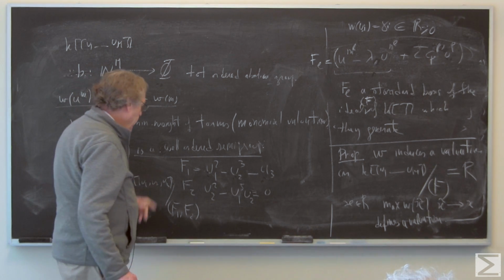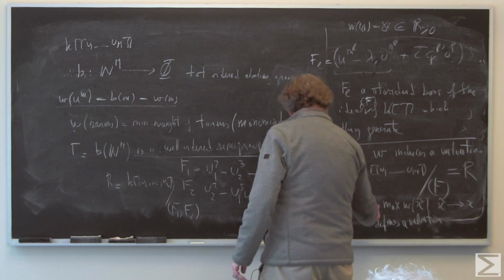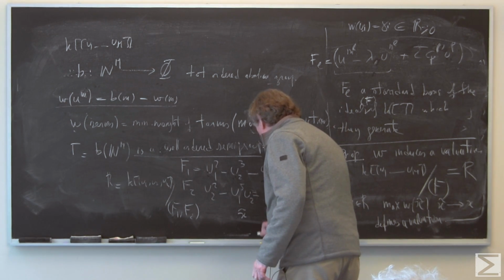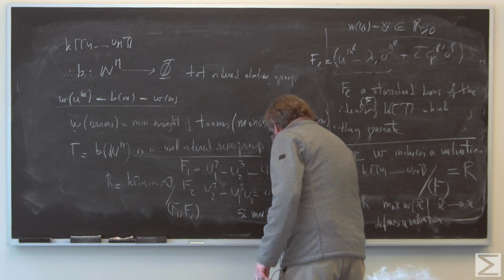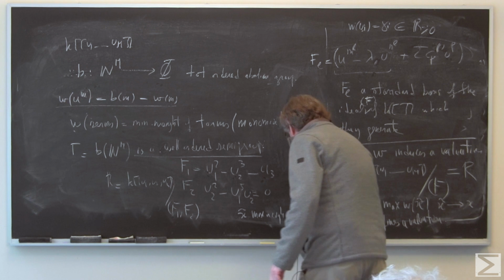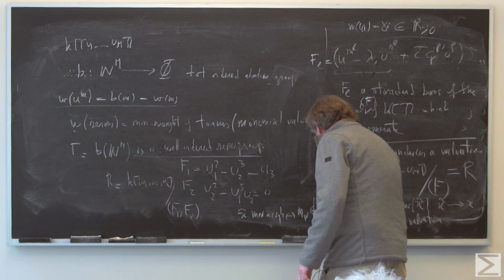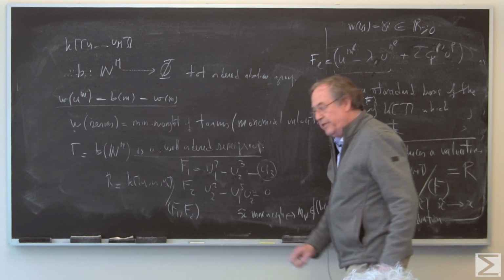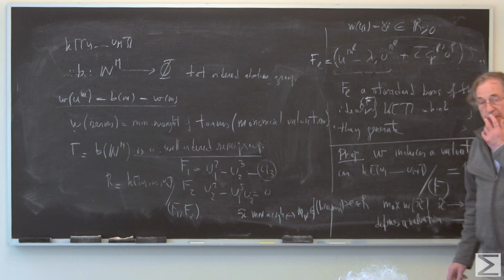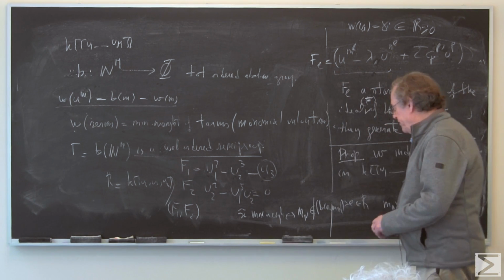And it's an easy exercise to see that an element x tilde gives the maximum weight if and only if its initial form with respect to w is not in the binomial ideal. You see that it's true in this case because u3 cannot possibly be in the binomial ideal generated by u1 squared minus u2 cubed.